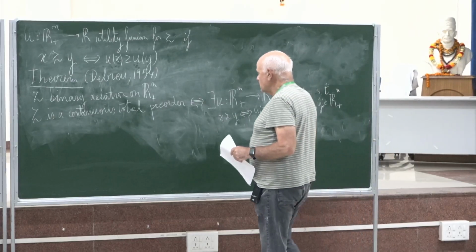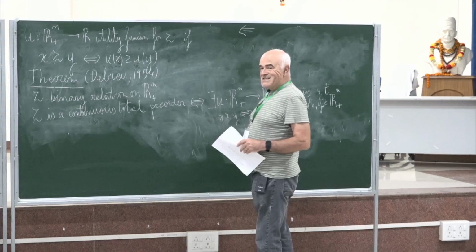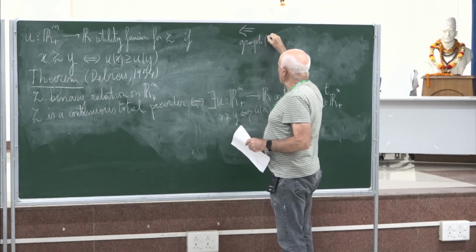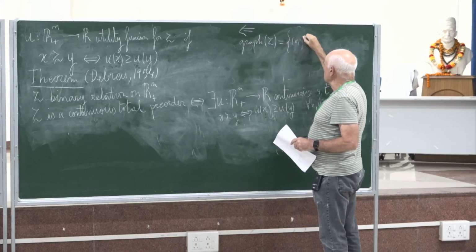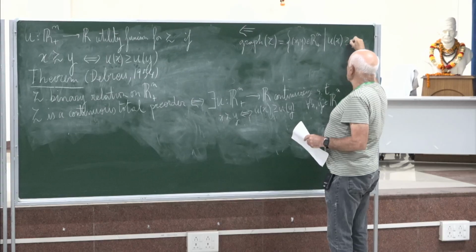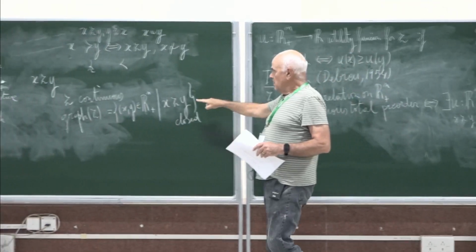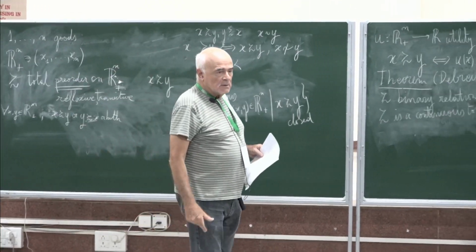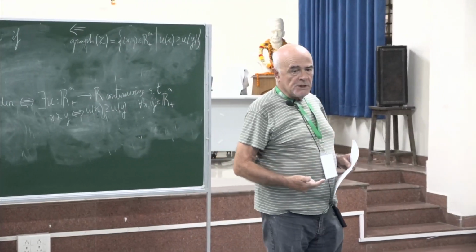And continuity is trivial too, because under this assumption the graph of the relation is the set of pairs such that U of x is greater than or equal to U of y, because this is the same as saying x preferred to y. And that set is obviously closed if U is continuous.